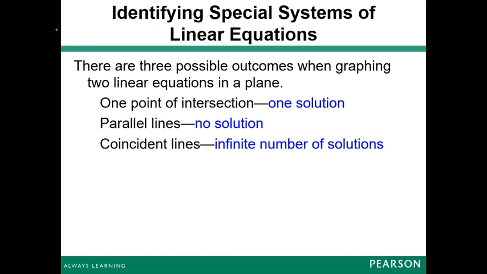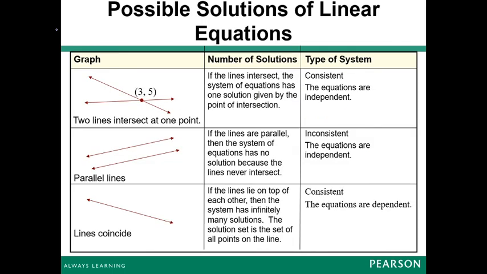And the coincident lines have infinite numbers of solutions. Remember that the graph with one intercept is consistent and the equations are independent. That we can find parallel lines that are inconsistent and the equations are independent, okay? And we have coincident lines, one on top of the other one, okay? That are consistent and the equations are dependent.